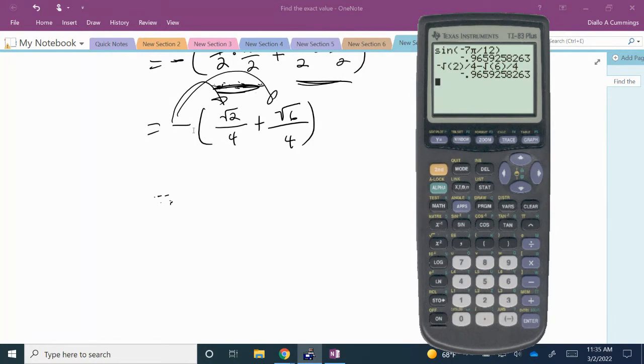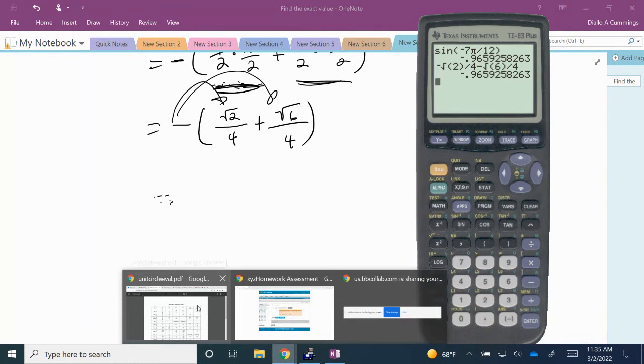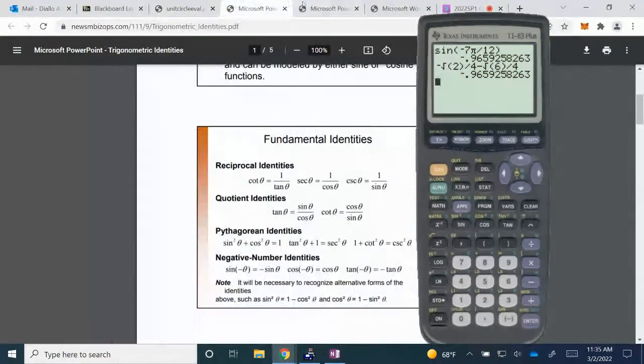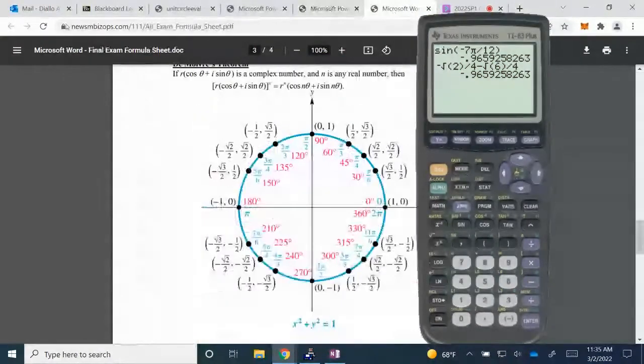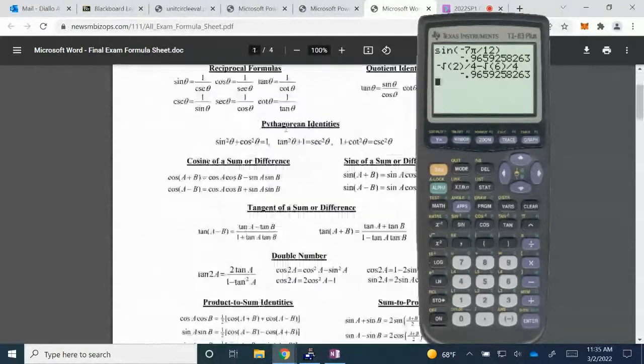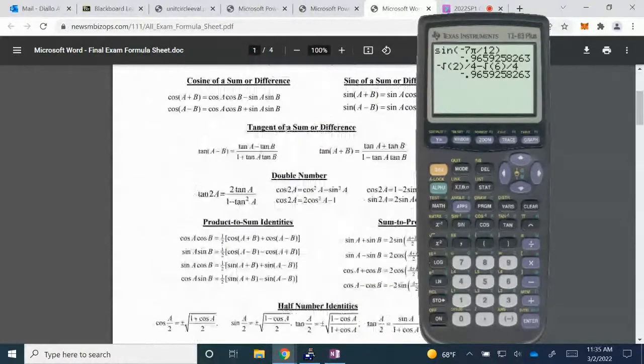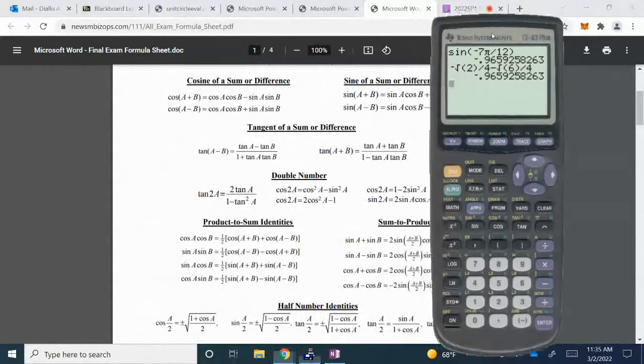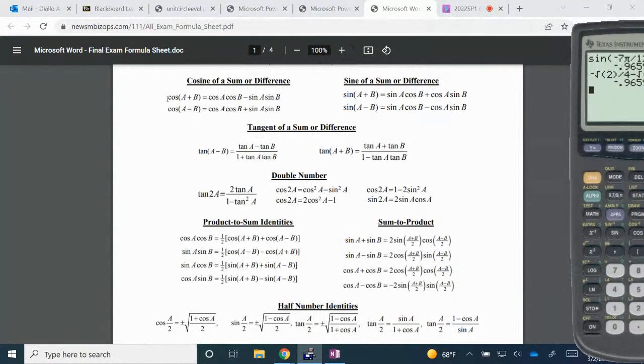All right, now we're going to take a look at the tangent. I believe we've taken a look at the sum of cosine, and we've just taken a look at the sum of sine.